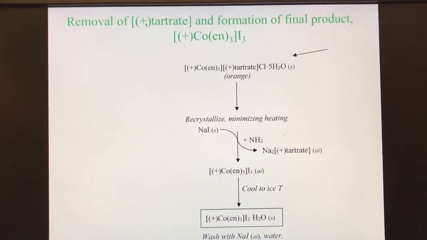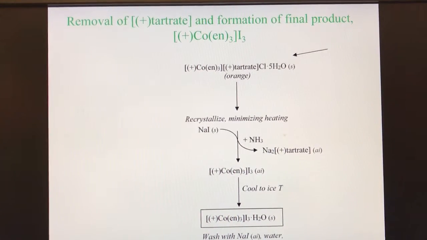So you will want to, of course, remove the tartrate, because it has served its purpose, no longer useful. And in the end, you want to just get this tris ethylene diamine cobalt 3 iodide product. And so to get the plus enantiomer of this, you will then carry out, I think of this as a purification step, where you are getting rid of the tartrate with these steps with the sodium iodide.